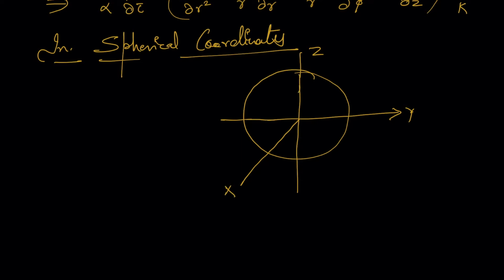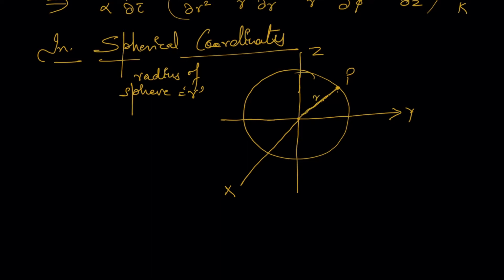Now suppose there is a point P here, and we need to write the coordinates of this point P. Suppose the radius of the sphere is r, so this is r.